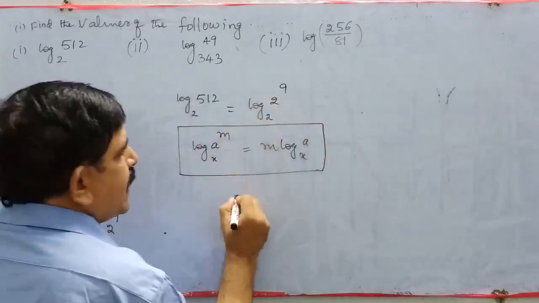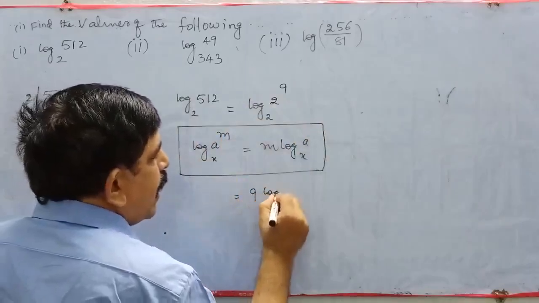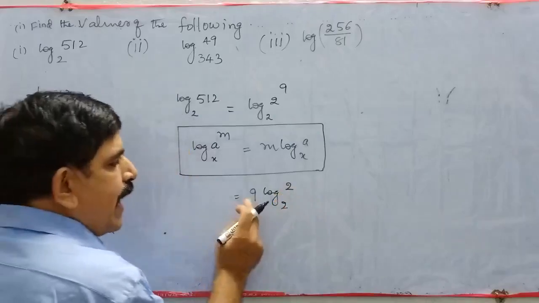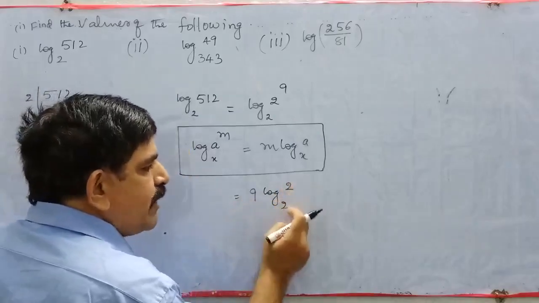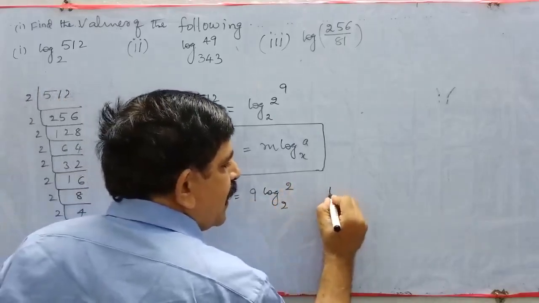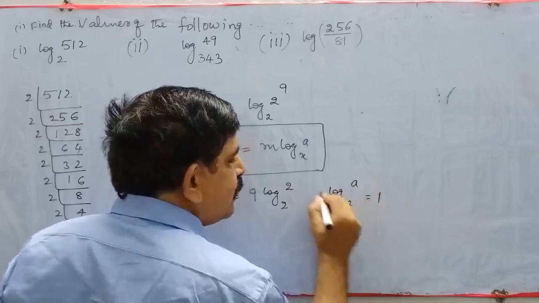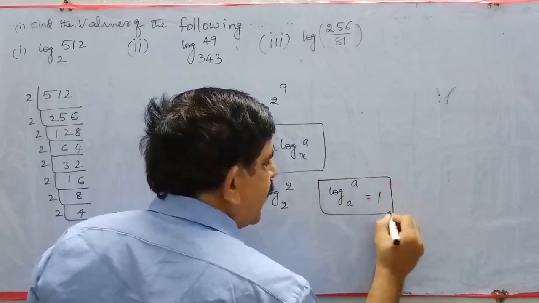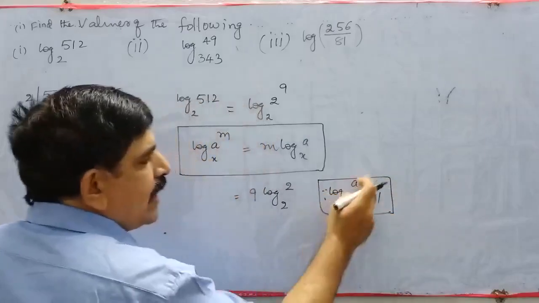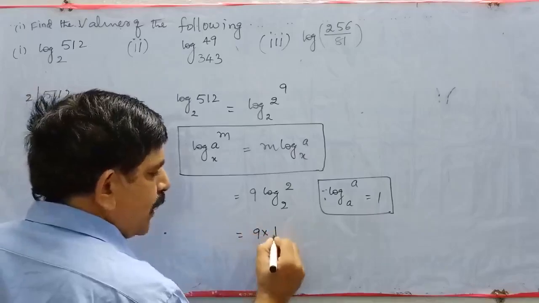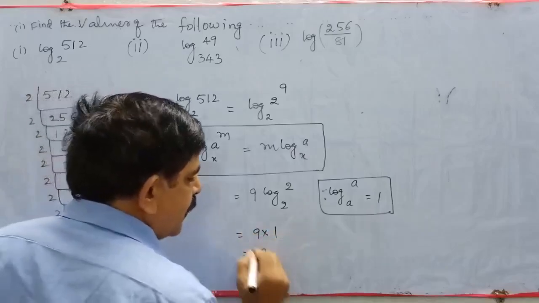So this can be written as 9 log 2 base 2. Log 2 base 2 is in the form of log a base a, which is equal to 1. Now this can be written as 9 into 1, so that is equal to 9.